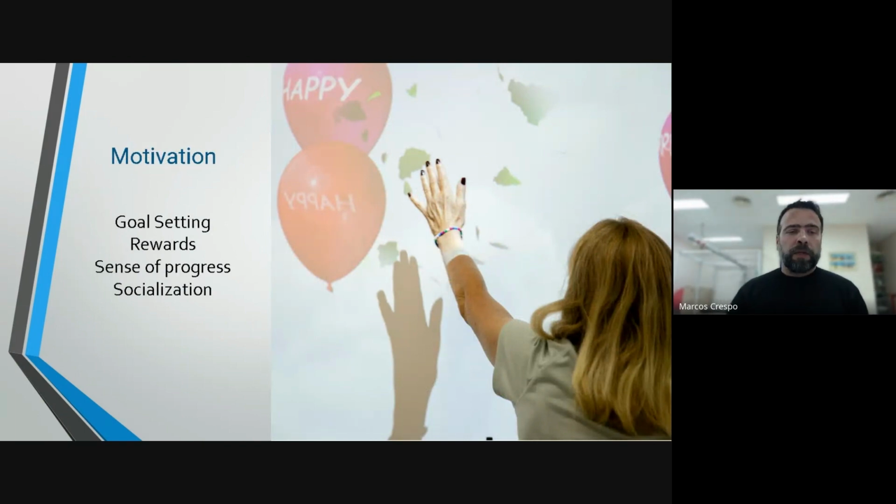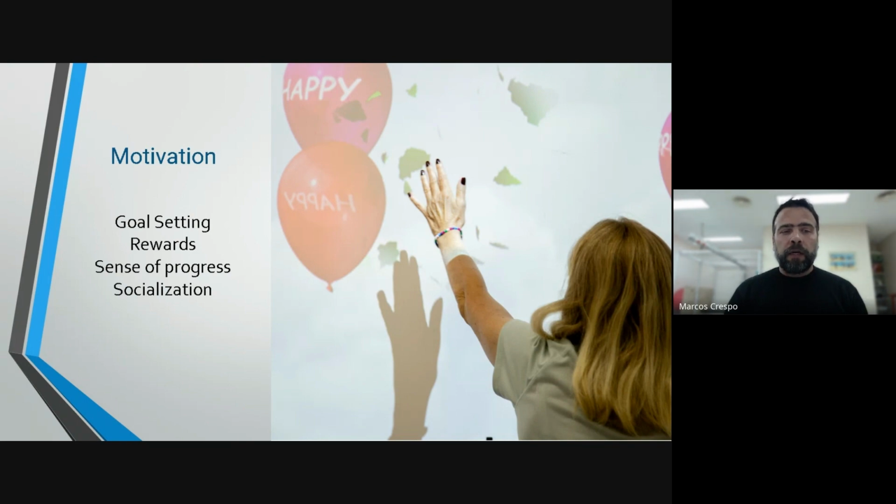The sense of purpose is also very important for the task, as in the last presentation we heard about patients who want to go to rehabilitation, want to go back to their activities, and motivation.